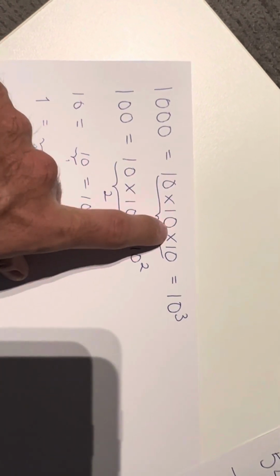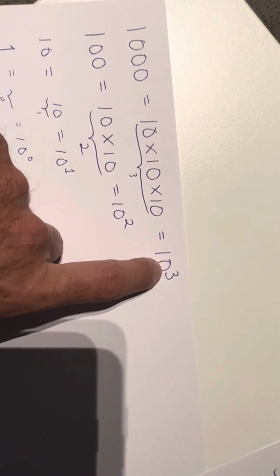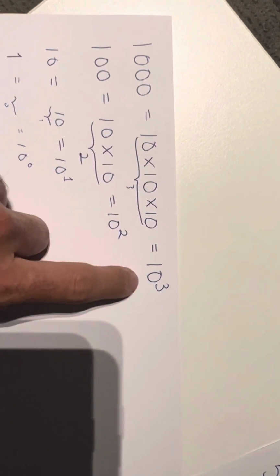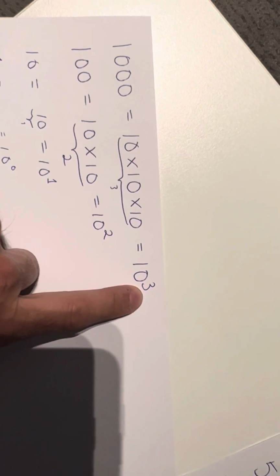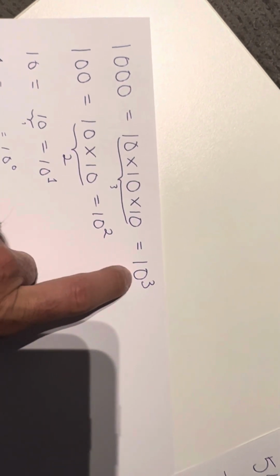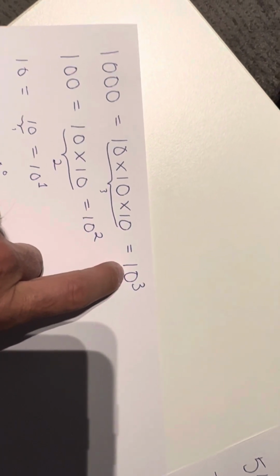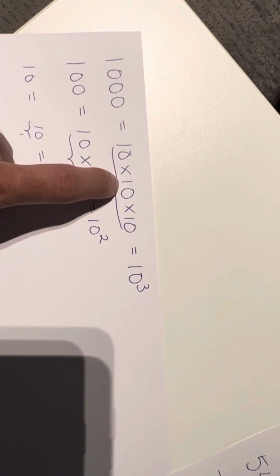So you can also express it like this: 10 to the power of 3, because it is 10 three times. This exponent will tell you how many times you need to multiply the base by itself. In this case, you multiply the base, which is 10, by itself 3 times. So it's 10 by 10 by 10.